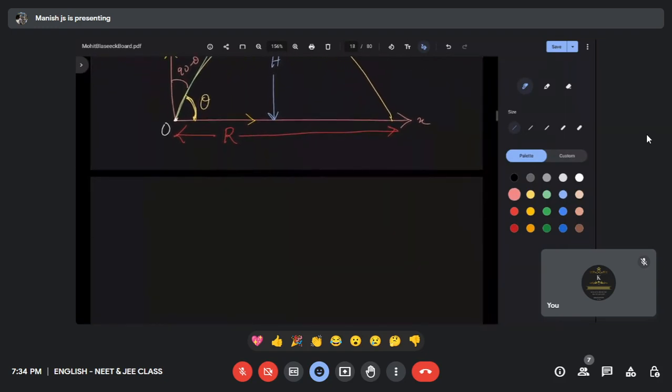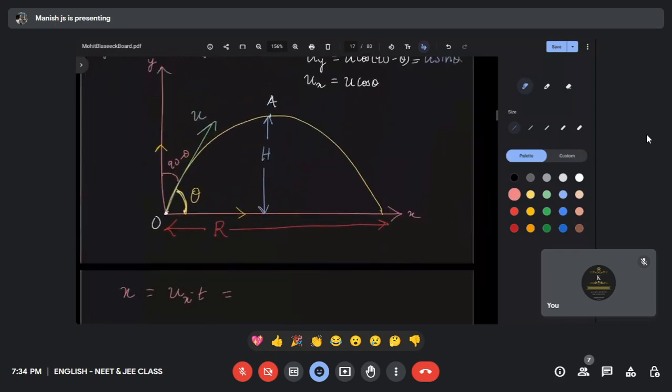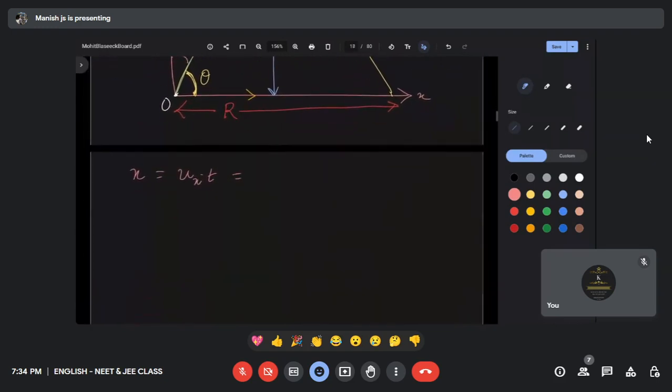The distance it covers along the x-axis, the distance traveled, is speed into time, so it is ux into t. We have already found ux is u cos theta, so substituting, it becomes u cos theta into t. In the same way, the distance along the y-axis can be written as y equals uy into t.